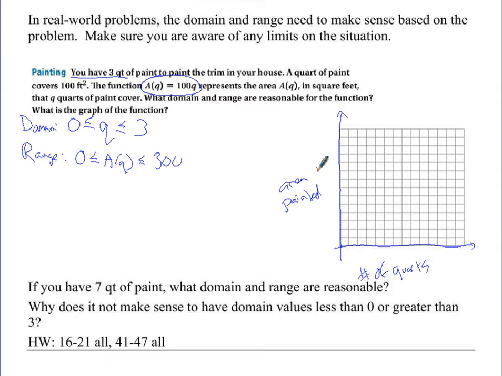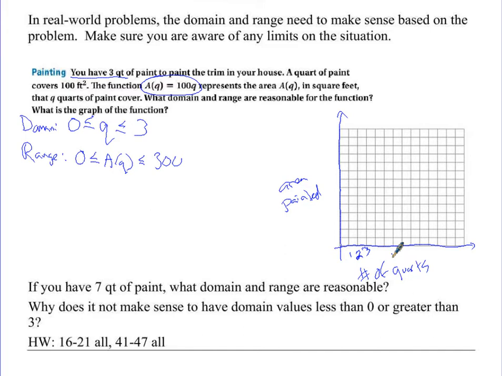For my number of quarts, do I need to change my scale? Don't need to. So by ones is fine. 1, 2, 3. Down the road we probably will wind up changing that scale, but this is fine. How about the area painted? By 50? By 25?